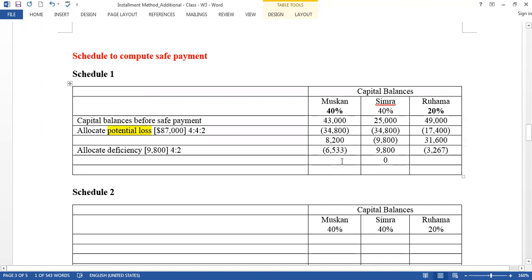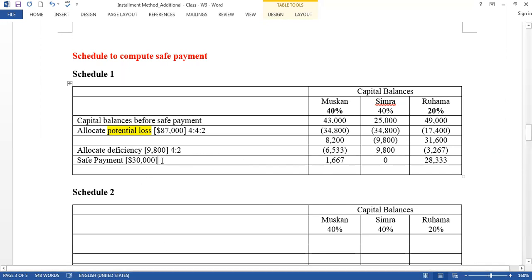Now, what is the balance after that? After that, the balance is 1,667 and 28,333. So this part is called the safe payment. This part is called the safe payment because how much safe payment do we actually have?